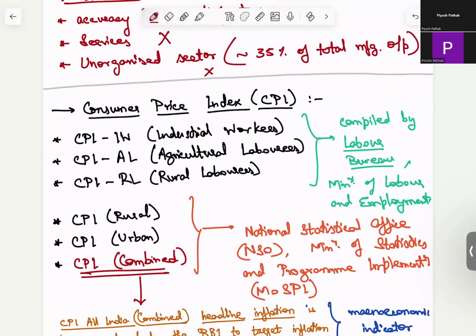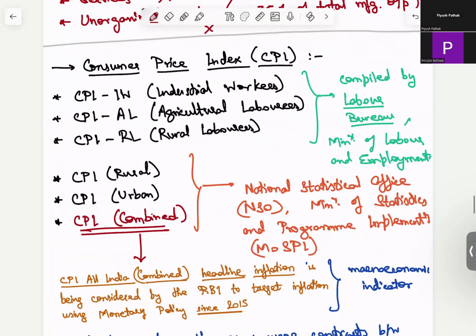Coming to CPI, most of the things which we have covered in WPI remain the same. I need not explain again what an index is, why it is used, how the price indexes work, and how these deflators are used to deflate the nominal values and convert them into real values. So we will talk about what CPI is.